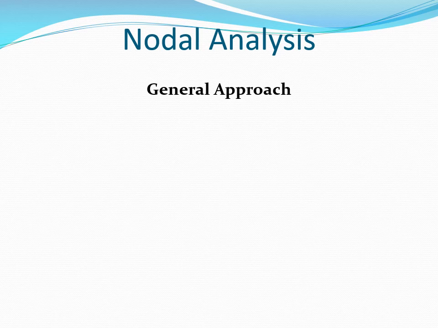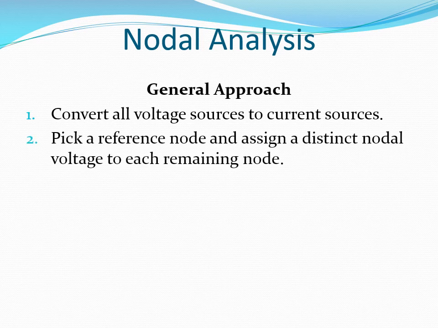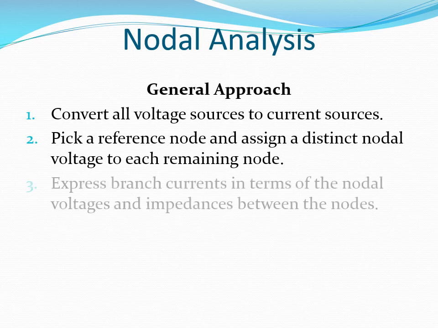The steps for applying the nodal analysis method using the general approach are: 1. Convert all voltage sources to current sources. 2. Pick a reference node and assign a distinct nodal voltage to each remaining node. 3.